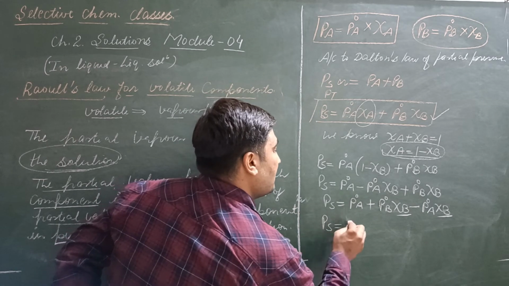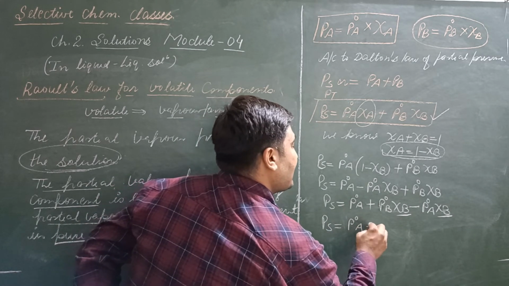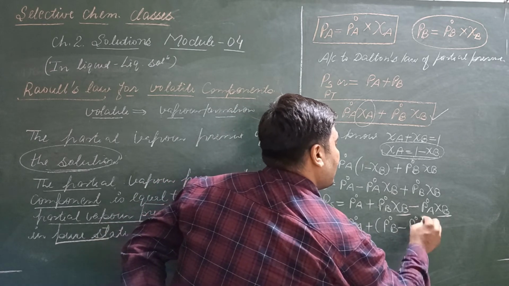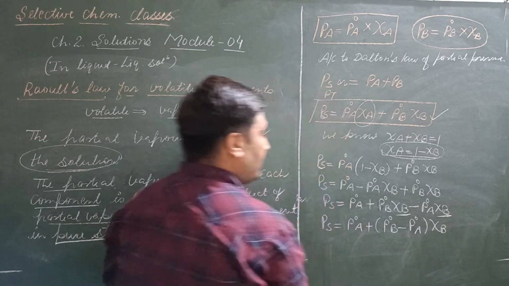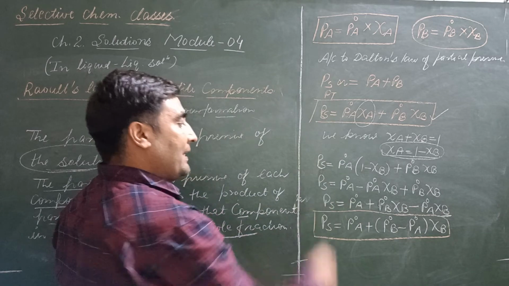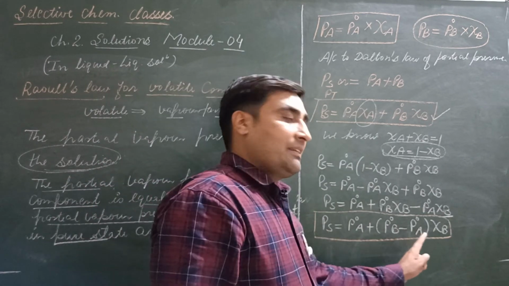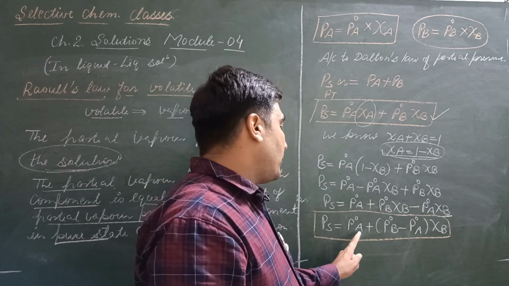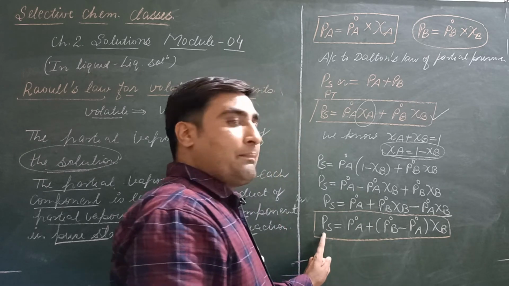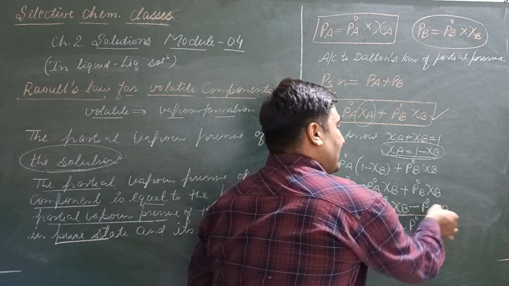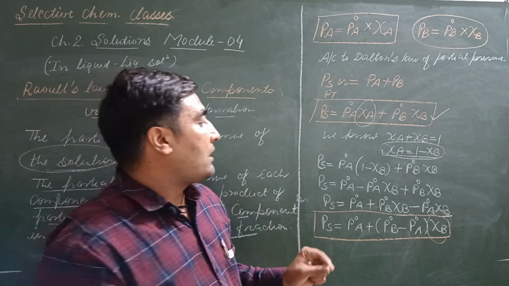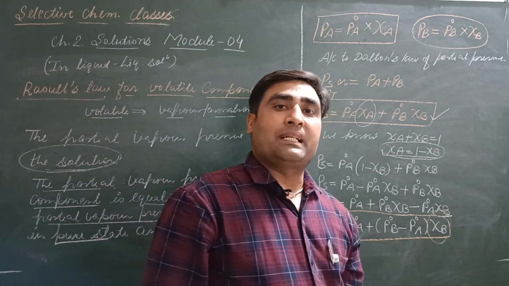PS will be equal to P naught A plus (P naught B minus P naught A) chi B. This formula we apply when different pressures are given: the vapor pressure of component A in pure state, B in pure state, and the total vapor pressure. Then we can easily find out the mole fraction of B. So when we only have to find one mole fraction, we can apply this particular formula.